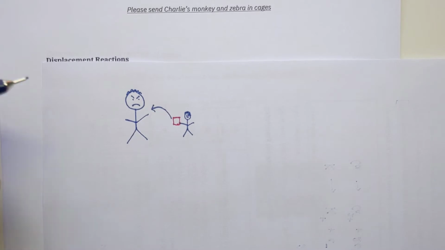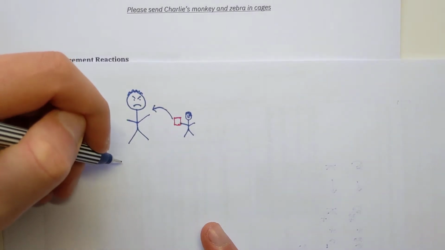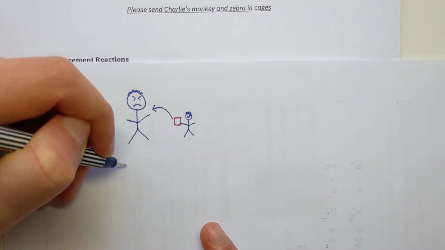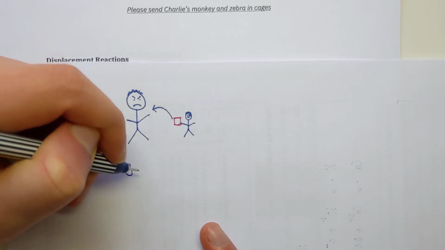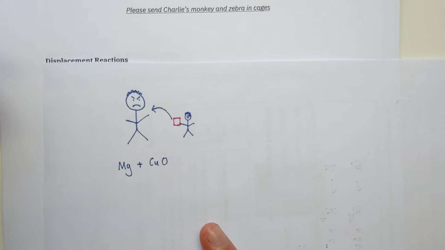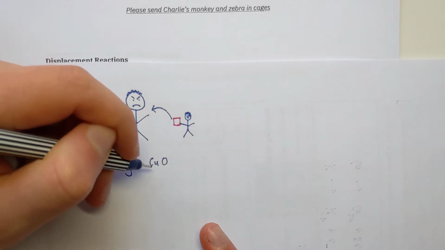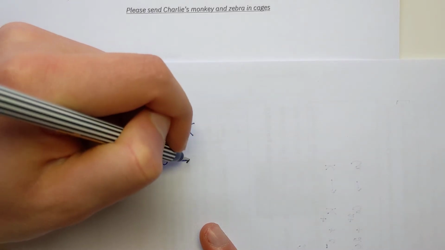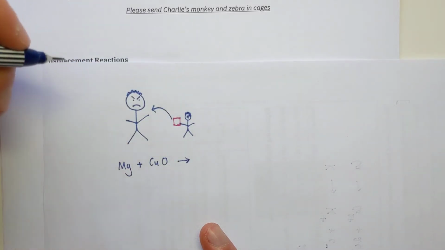A reaction we might look at, to try and make it simple, is magnesium reacting with copper oxide. The question is, which one's more reactive? The more reactive one from your reactivity series is magnesium. Copper's least reactive. Using this analogy, because magnesium is the more reactive metal, it's capable of removing from copper the thing that copper's bonded to.